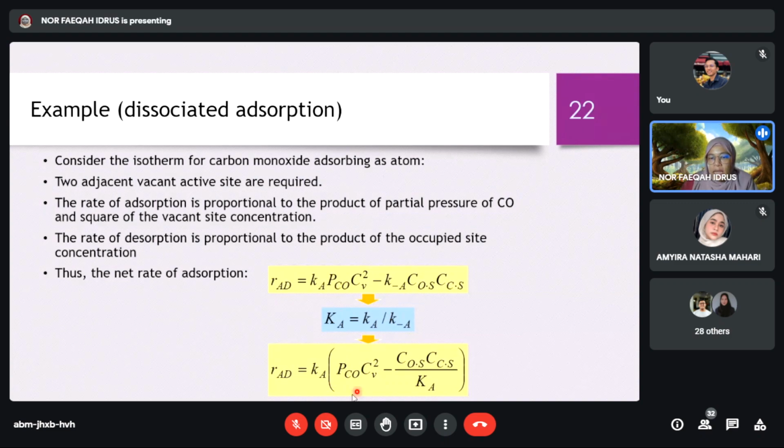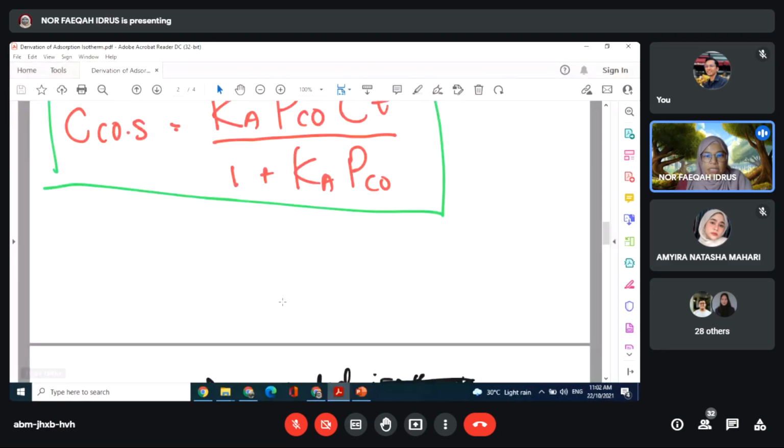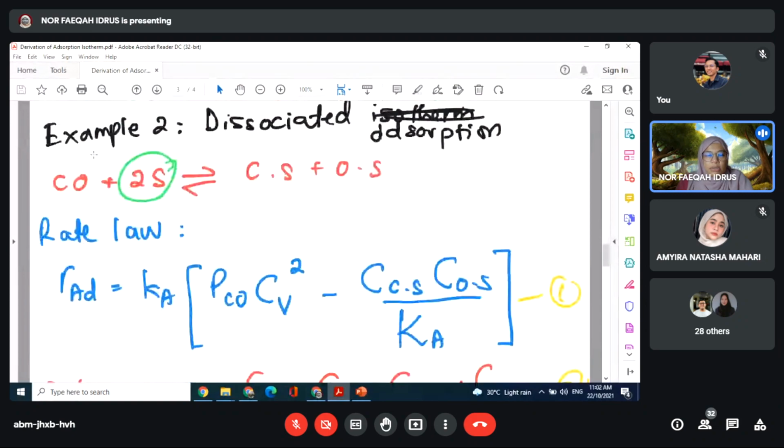So you will get Ka PCO CV square minus CO.S C.S per Ka. Why CV square? Let's see why CV square. Because of this: CO plus 2S equal to C.S plus O.S. And all equations we assume are elementary. Elementary reaction.